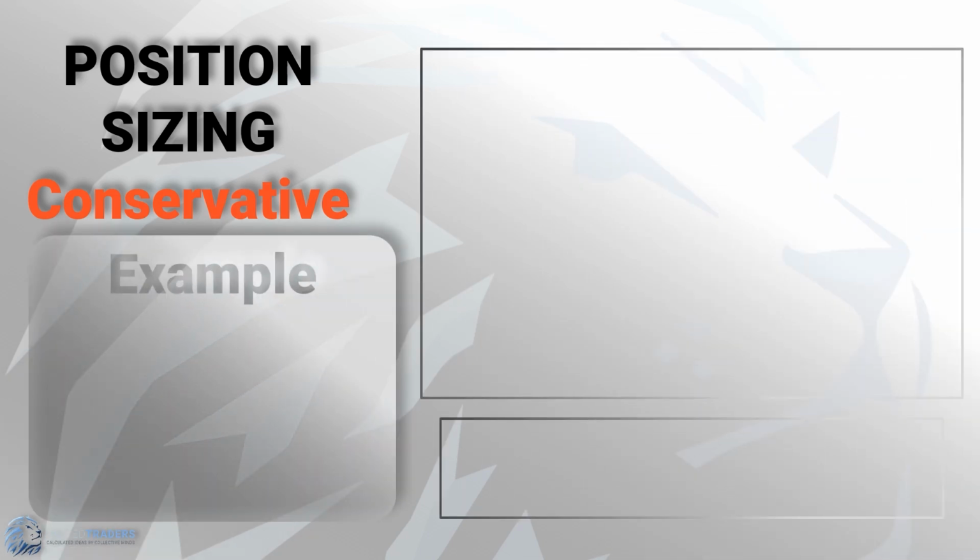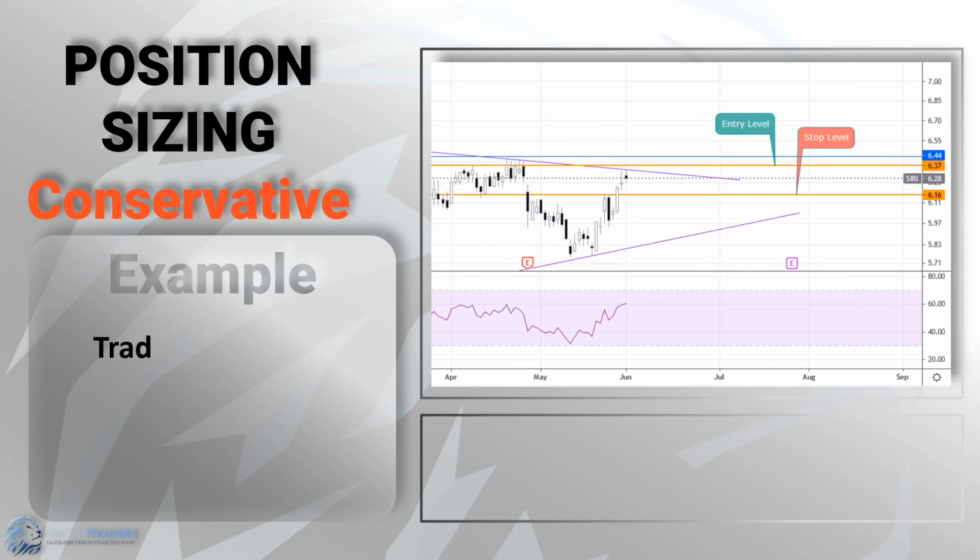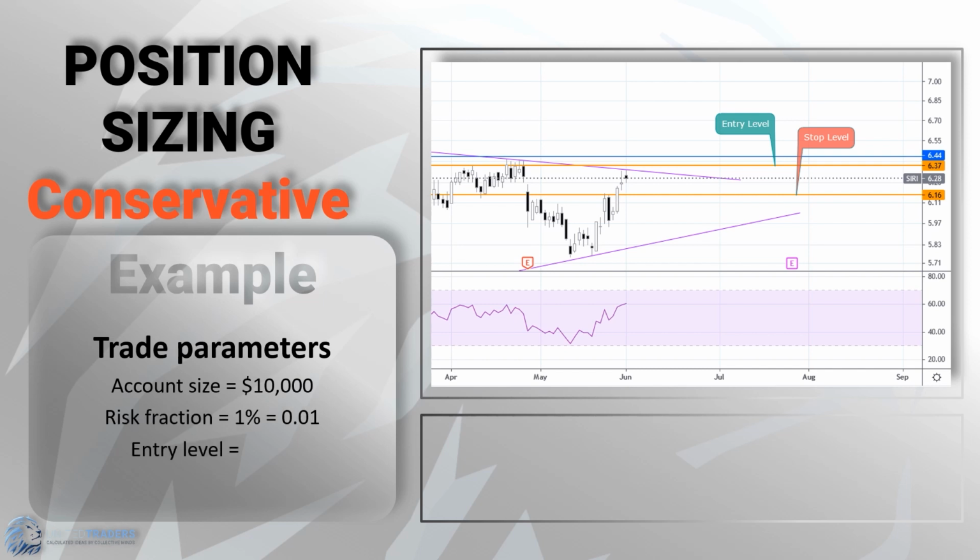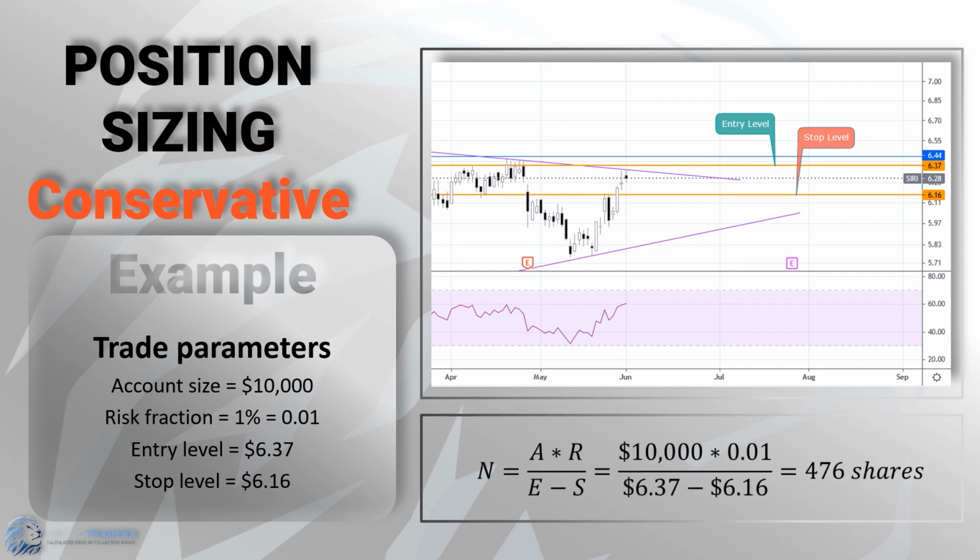This trade was for SIRI in June 2021. The entry point is long over the symmetric wedge, and the stop level is below the upper trend line. This accounts for a reasonable amount of intraday volatility.